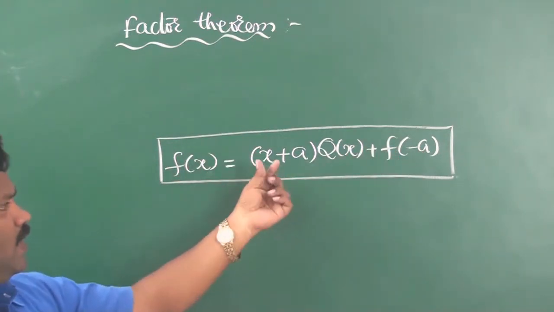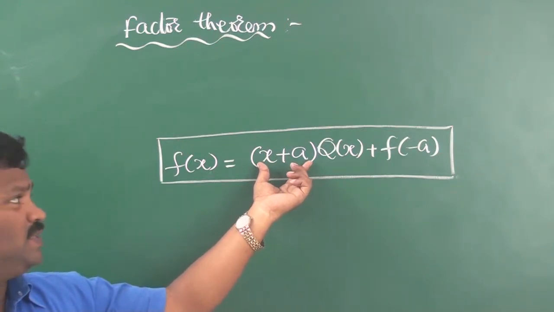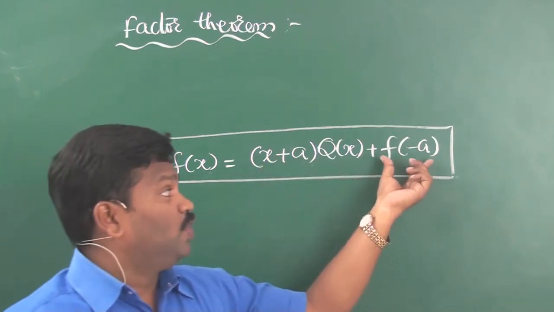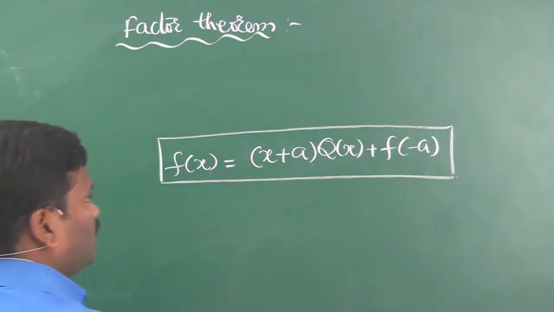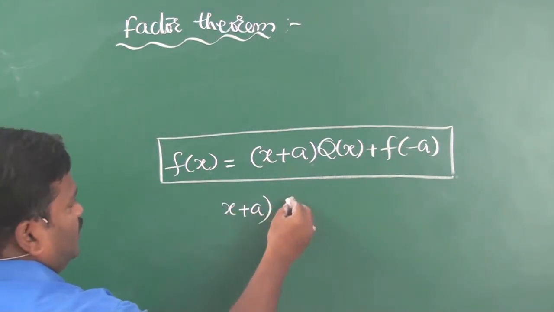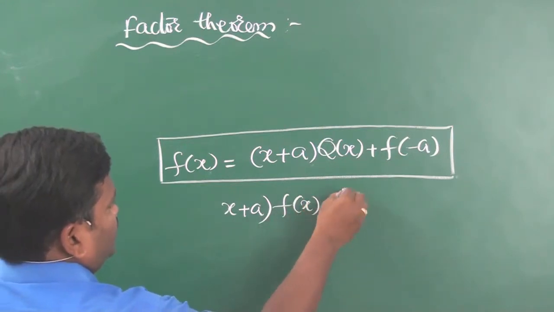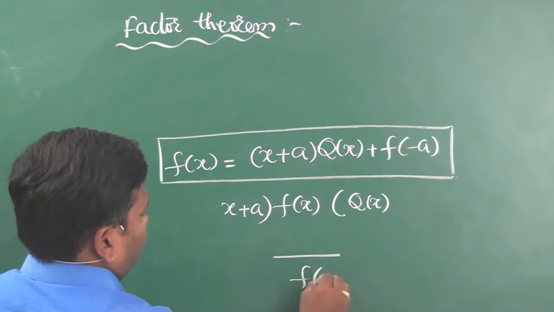In this remainder theorem, is x plus a a factor? No. Why? Because we got f of minus a as the remainder. With divisor x plus a, dividend f of x, quotient q of x, the remainder is f of minus a.